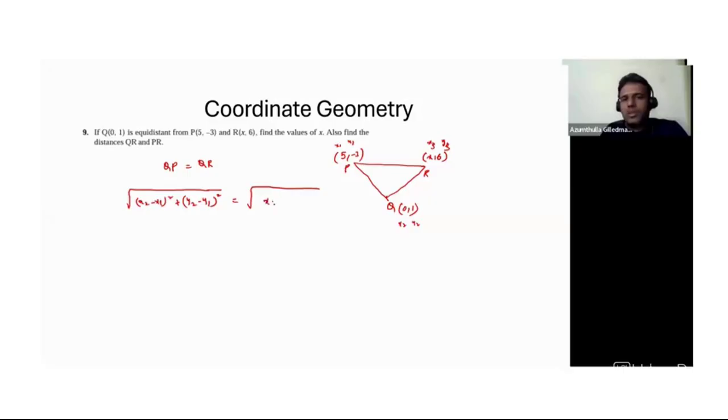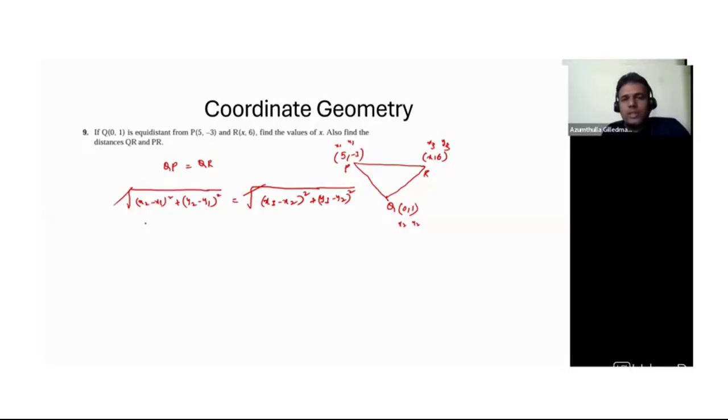Then (x3 minus x2) whole square, right? These 2 points. So the difference between the x coordinates square plus the difference between the y coordinates, that is (y3 minus y2) whole square. So I can write this, right? So here the square root gets cancelled, or if we square on both sides, we can take that square root off.